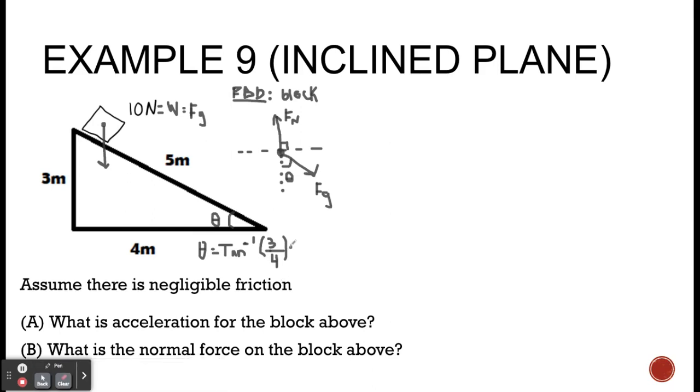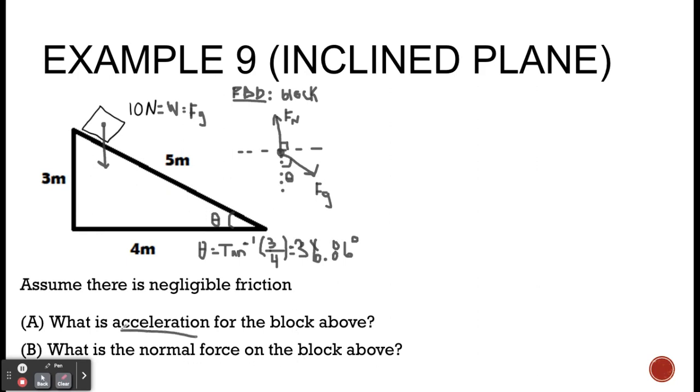So my inverse tangent gives us 36.86 degrees. Now that we have the angle, we can break our vectors into x and y components.